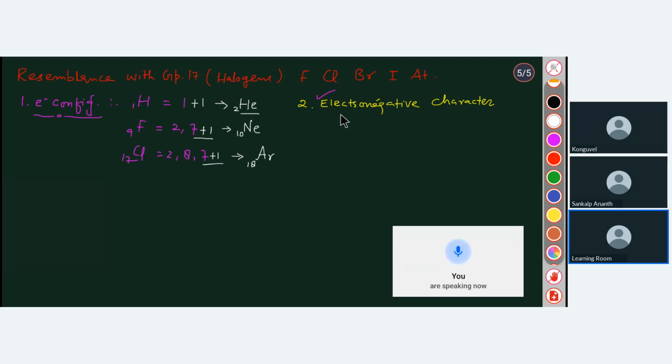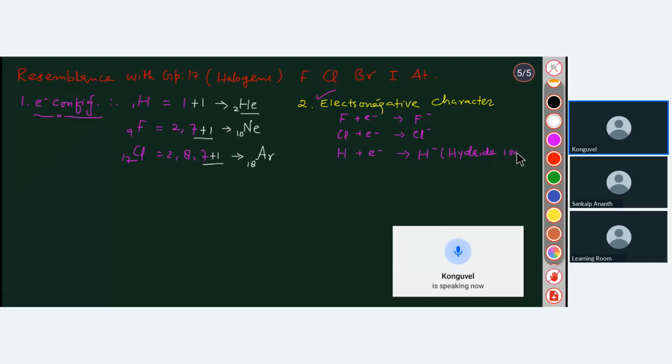Now see here, these halogens are all electronegative. That means they have a tendency to gain one electron, right? Hydrogen has the same tendency. Hydrogen can also gain one electron and form an anion. So hydrogen is also electronegative. And I have already told you that this H negative is known as the hydride ion, correct?